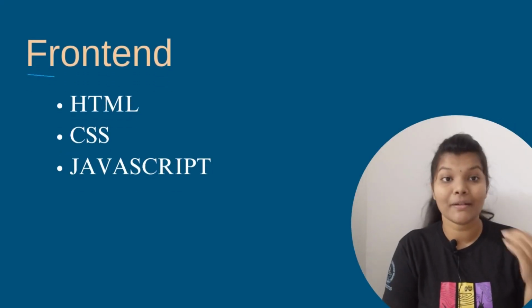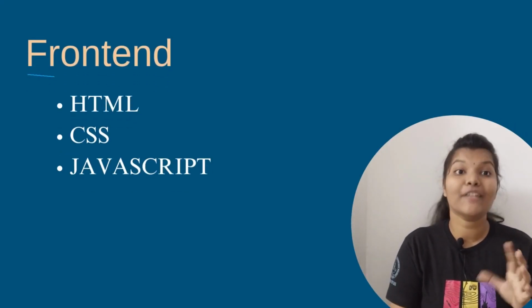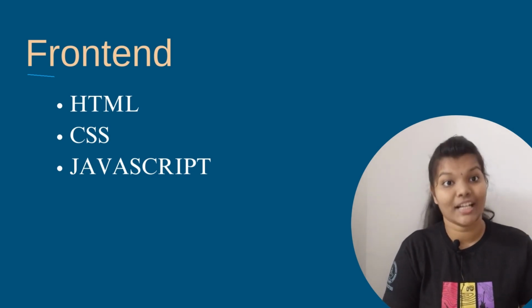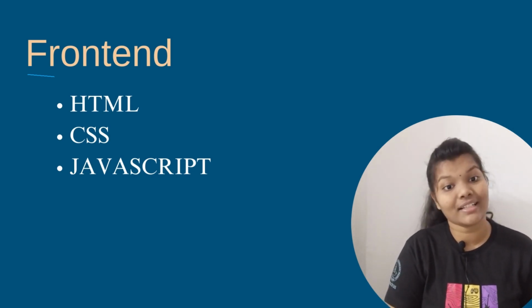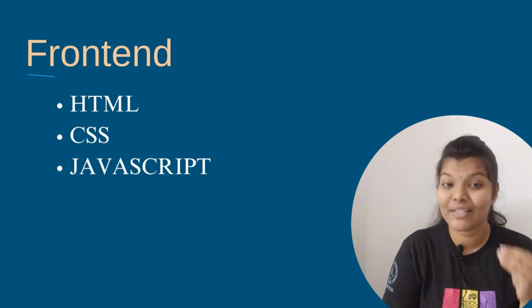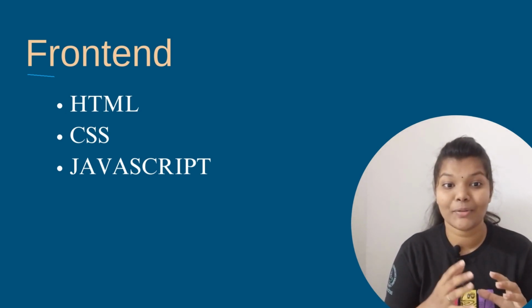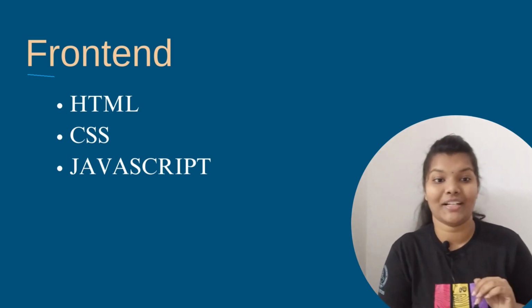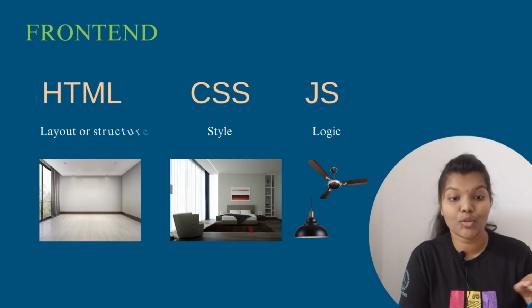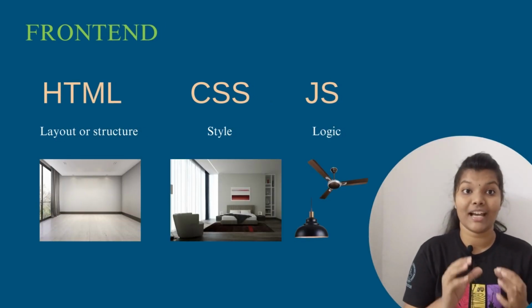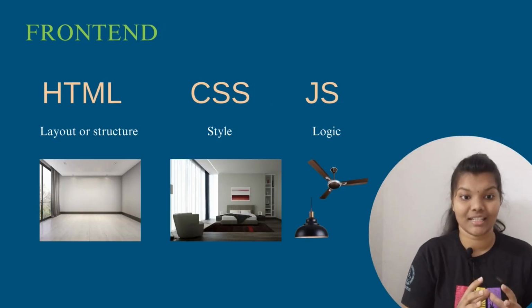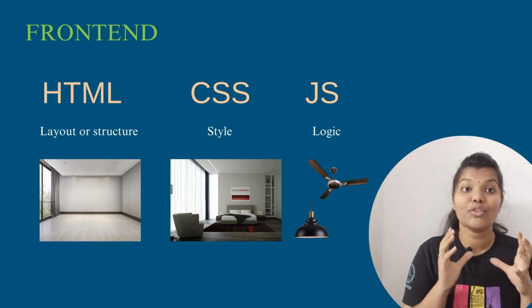Step 1 for becoming a web developer is learning front end, which includes HTML, CSS and JavaScript. These might sound a little weird for someone who just started coding. Don't worry, let me simplify them. HTML is used to make the structure of a website, and to style it we use CSS. To define logic we use JavaScript.